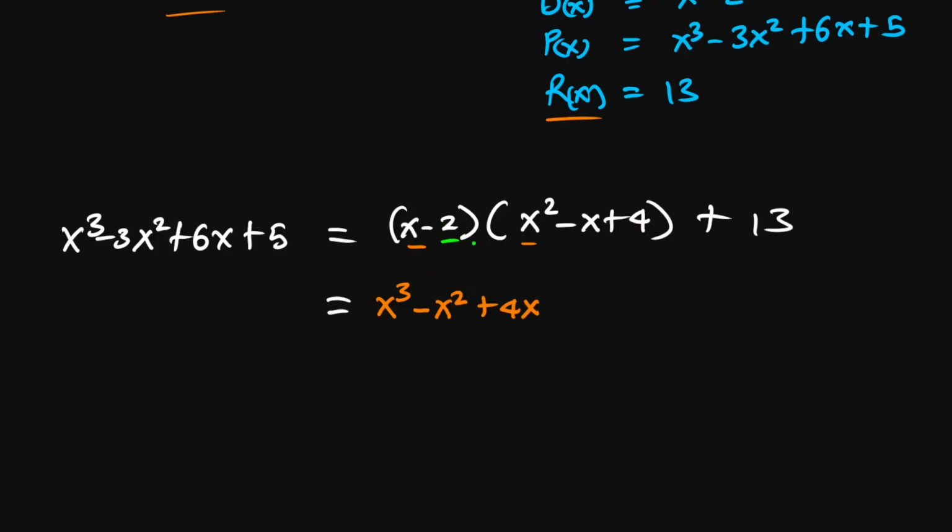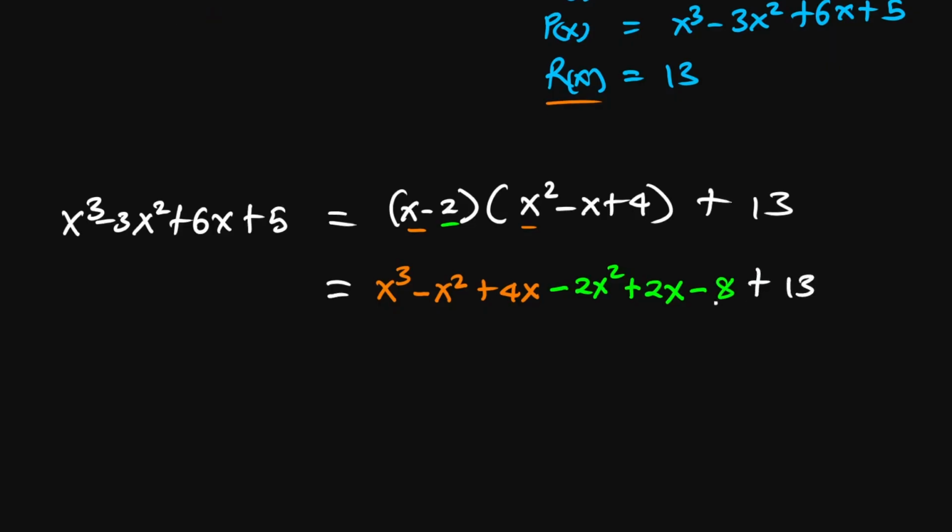Let's multiply this. Negative 2 times x squared, we get minus 2x squared, and negative 2 times negative x, we get positive 2x. And negative 2 times 4, we get negative 8 plus 13.